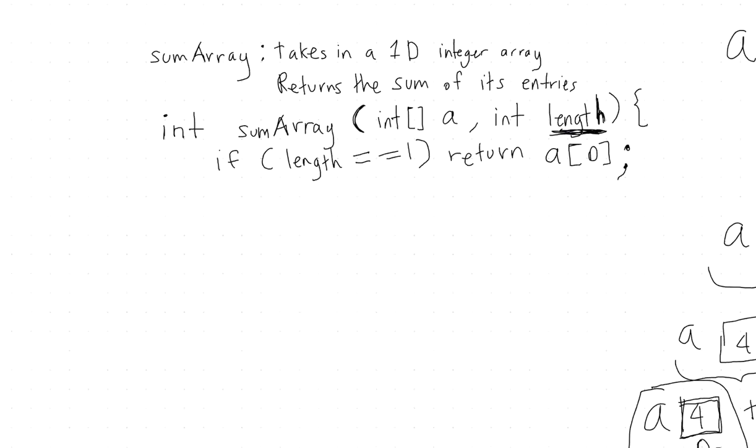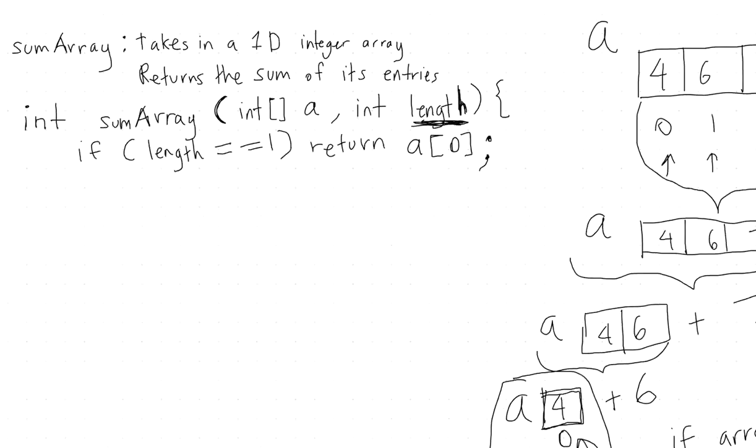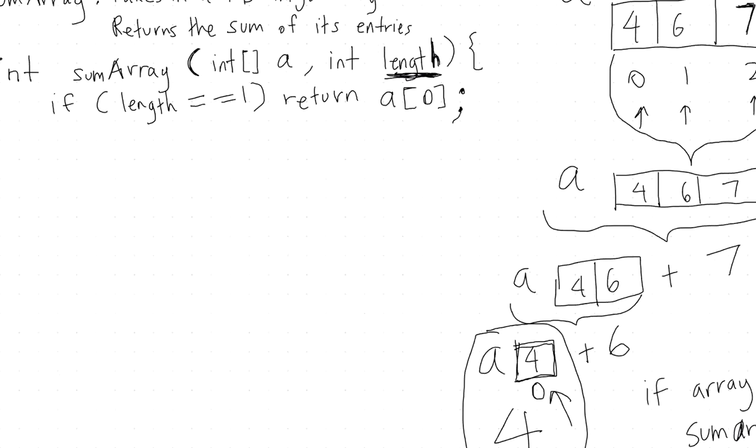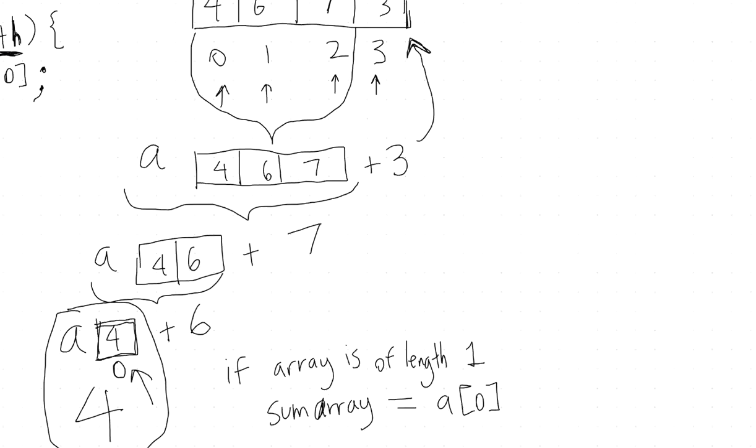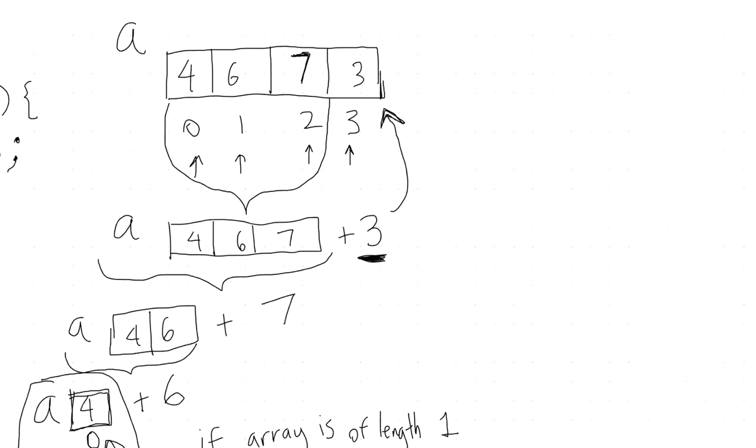Because then the sum of the entries would just be what's contained in that single index. But if we don't have an array that's of length 1, then we want to solve a smaller version of this problem. So what is the thing that we're leaving behind? The thing that we're leaving behind happens to be the number that's contained in the last index of the array. So if we pass in 4 for the length for this array, then the number that's contained in the last index, we can access it by using A3.